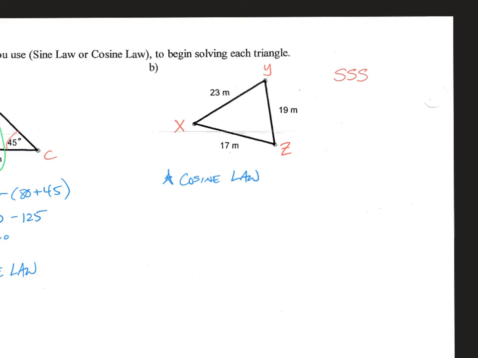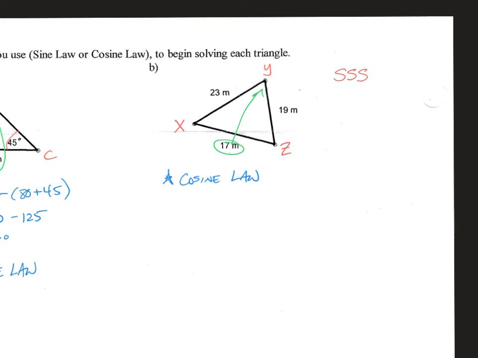So we're going to go through this one together because there's going to be a slightly different process for us to go through. The first thing that I'm going to notice is anytime I go to find a missing angle and I have multiple options, I'm always going to find the smallest one first. And as I identify small sides, they give me small opposite angles.